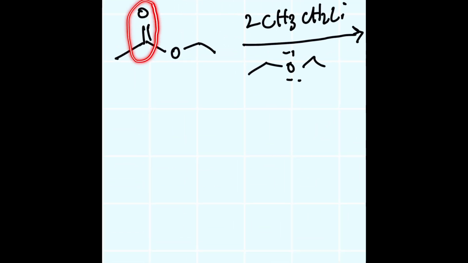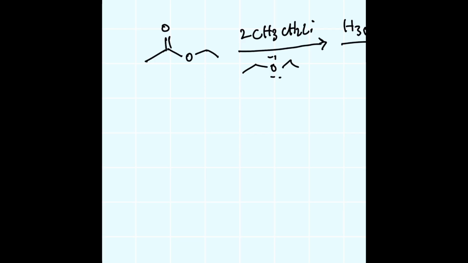And as you can see, we have a carbonyl group connected to another oxygen. So this is actually an ester functional group, which means that this carbon is definitely going to have a positive charge to it. Now we're going to look at our reagent on the arrow to see what type of nucleophile it could give us.